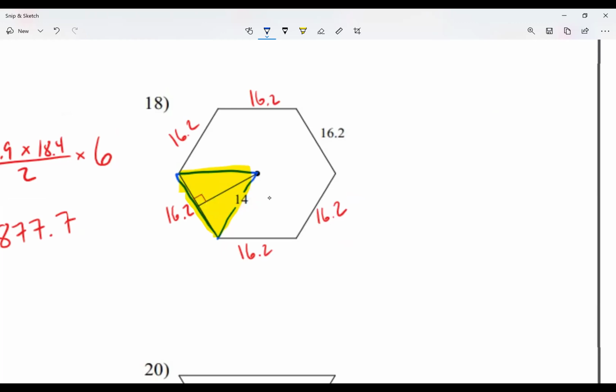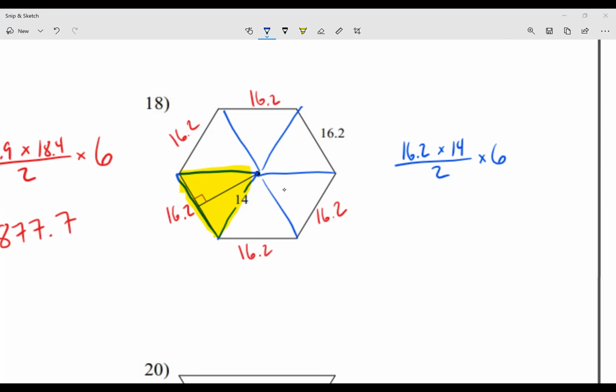I know for that triangle, I have to go 16.2 times 14 divided by 2. Now, when I break my shape into triangles, I notice there are 6 triangles. There were 6 sides to begin with, so there are 6 triangles. So let me multiply this at the end by 6.